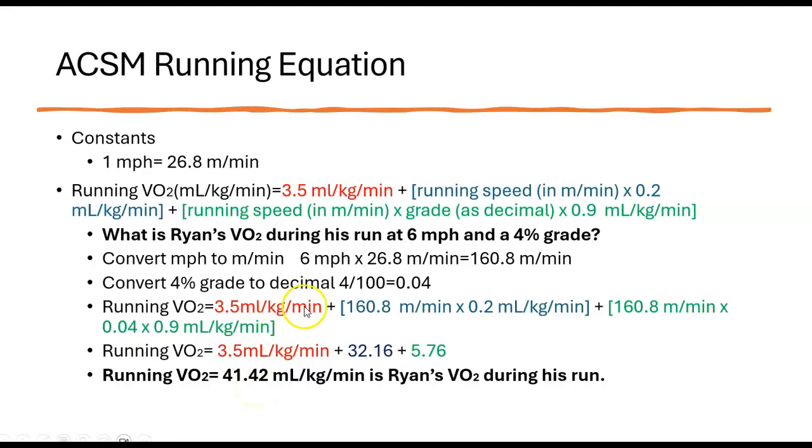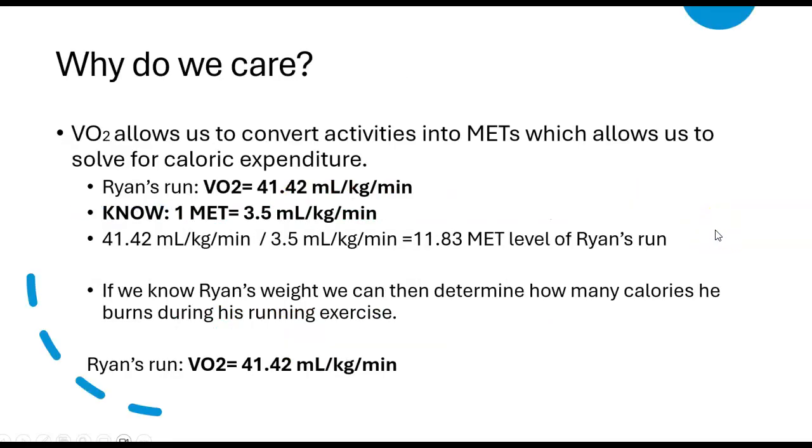Let's take it a step further: why do we care? VO2 is going to allow us to convert activities into METs, which allows us to solve for caloric expenditure, just like we did before. So if we know that Ryan's VO2 is 41.42 milliliters per kilogram per minute, we know that one MET is 3.5 milliliters per kilogram per minute, right?